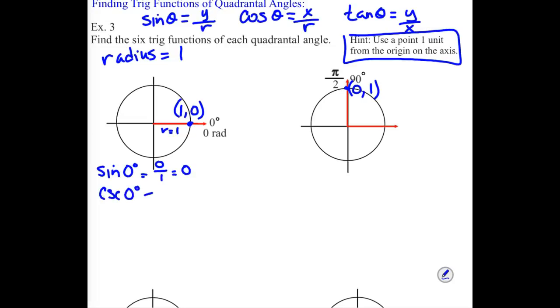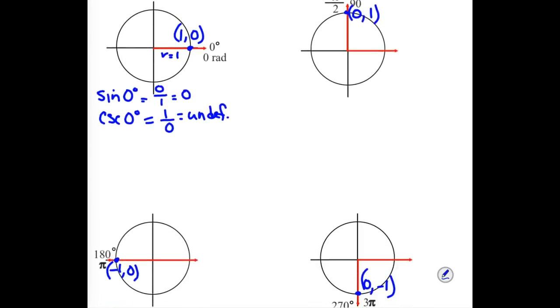Cosecant of 0 degrees is the reciprocal. When we take 1 divided by 0, though, that is undefined. So you are going to find that in all of these quadrantal angles, some of our trig values will be undefined. All right. Looking at cosine of 0 degrees. Now we want x divided by r, so we're going to have 1 divided by radius 1.